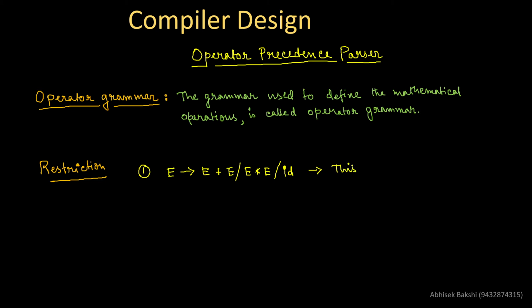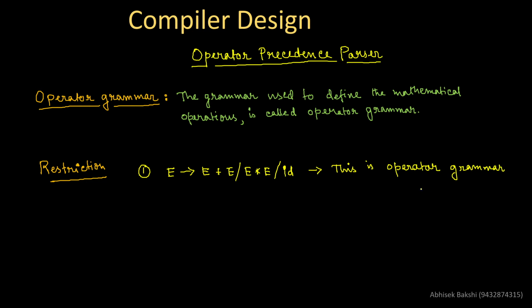Now the question is, why am I saying this? It is not only because I can generate any mathematical expression with plus and multiplication. There is one more reason. Let me write it.